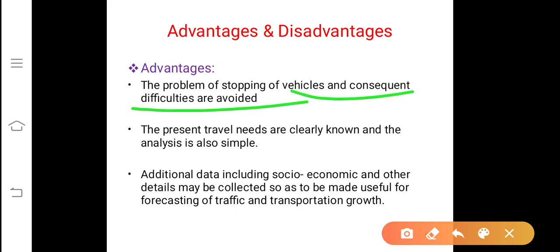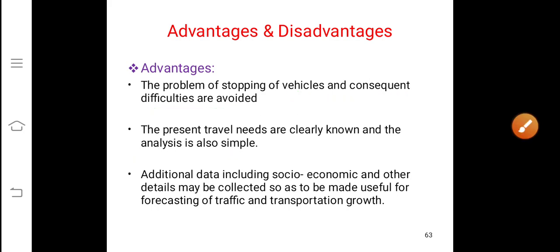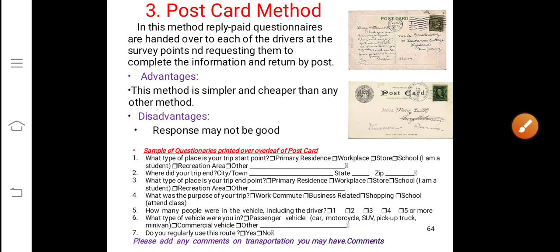The present travel trends are already known and the analysis is also simple. Additional data including socio-economic and other details may be collected so as to be made useful for forecasting of traffic and transportation growth. These are the advantages.